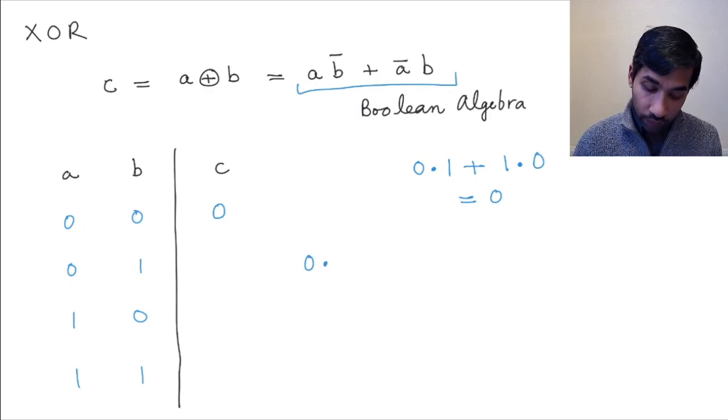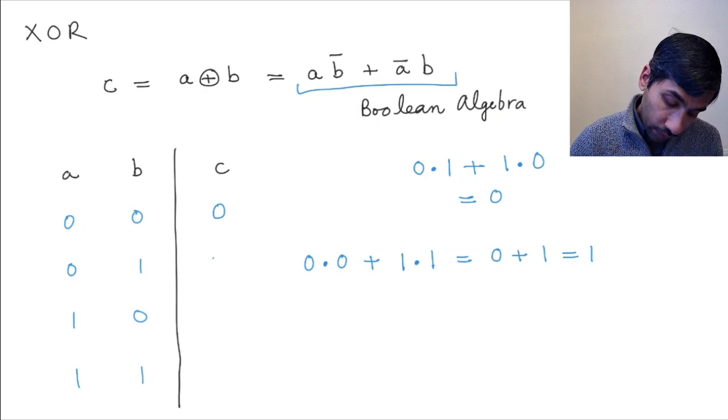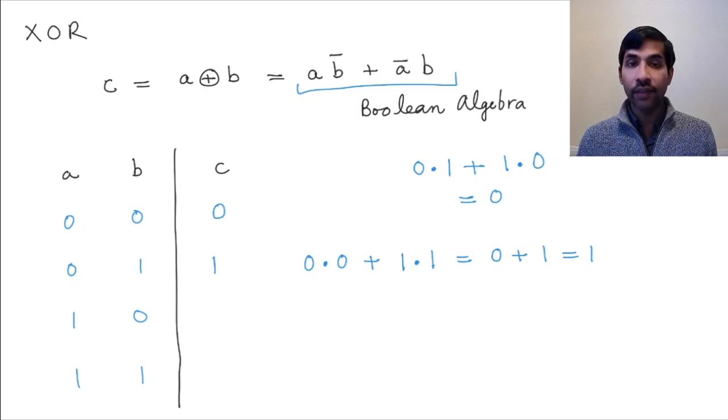B is 1 and not of B is going to be 0, plus what's the value of A? A is 0, so not of A is going to be 1 and 1 because B is also 1. If you evaluate this, it becomes 0 or 1, which is equal to 1. So you get the value 1 as your output of the XOR gate.